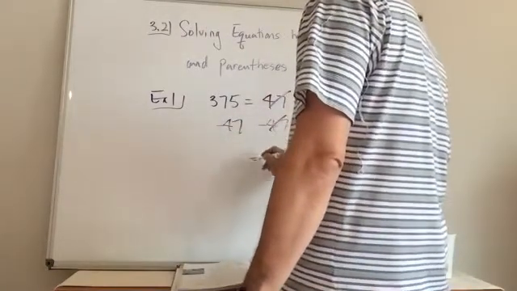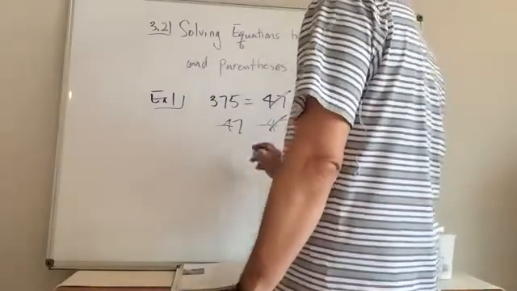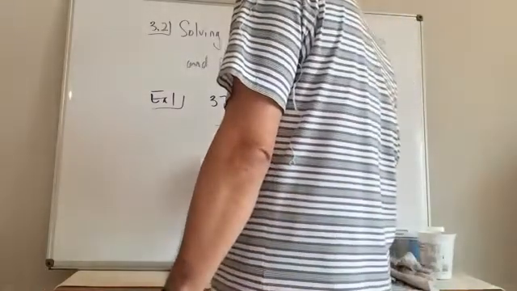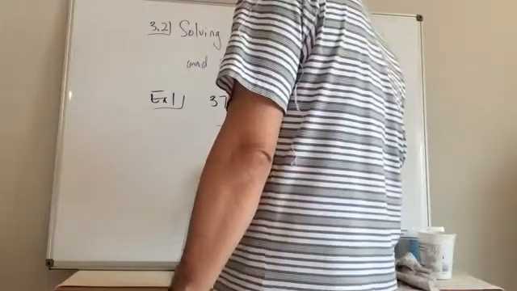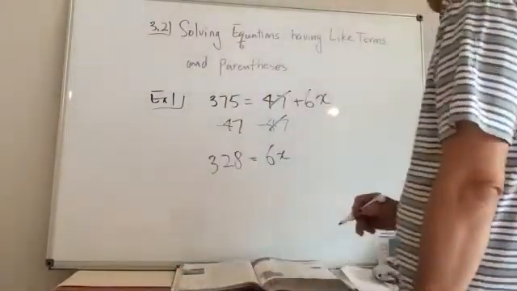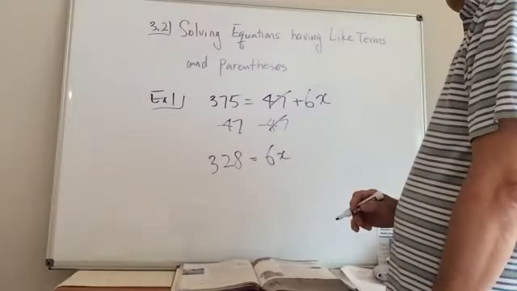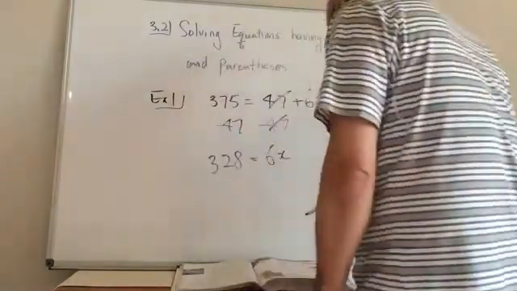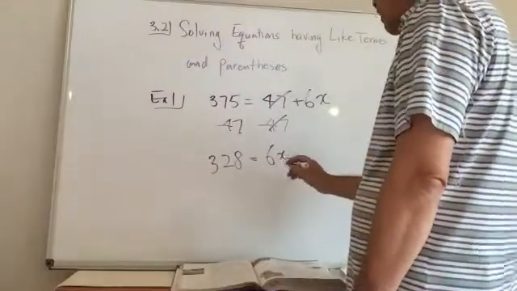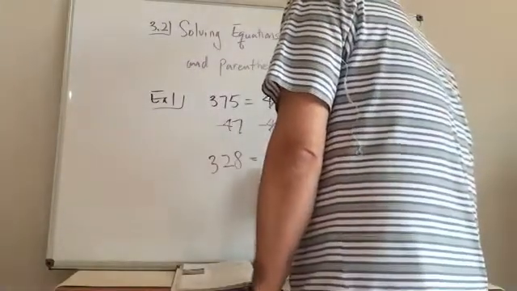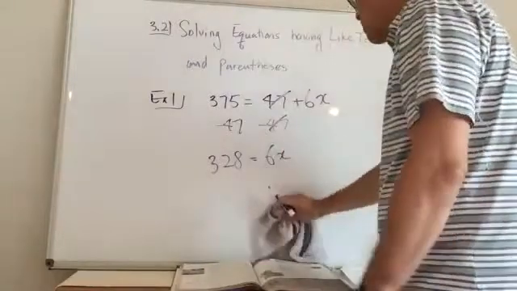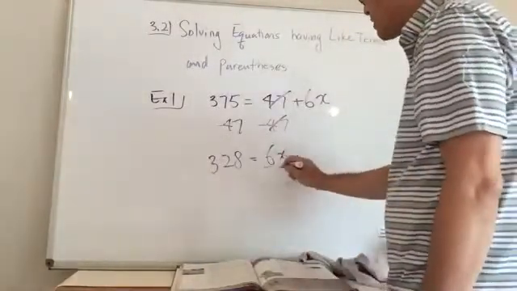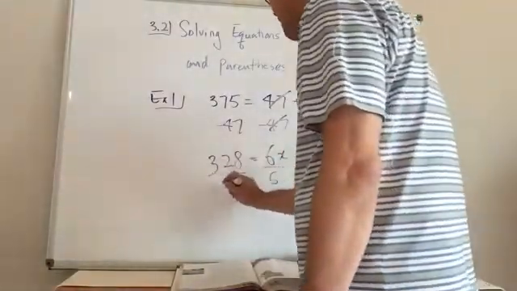And I have 6x is equal to 328. Is that correct? Yeah, 328. Now I divide both sides by 6, because I have a 6 here and I want to get rid of this 6.